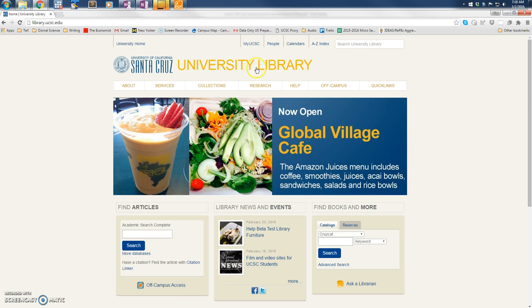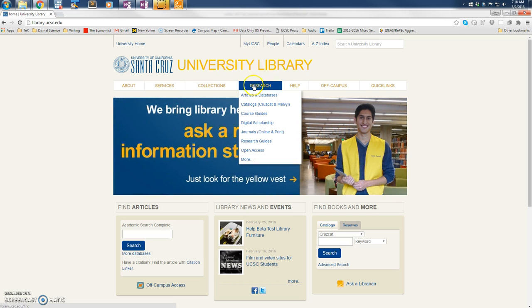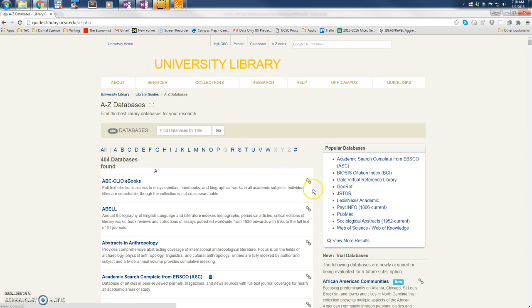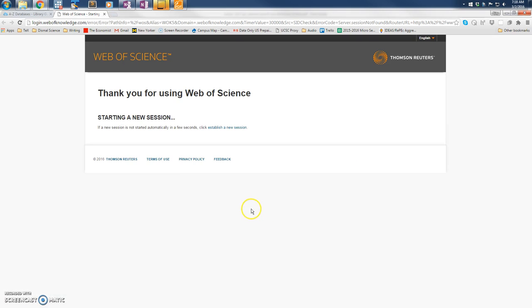So to start, we want to actually first get to Web of Science. The way you do that is going, on the library website, to Articles and Databases, and then over here in Popular Databases, you'll see Web of Science / Web of Knowledge.